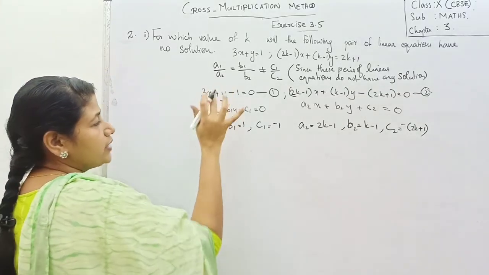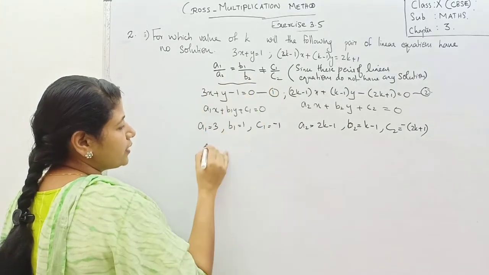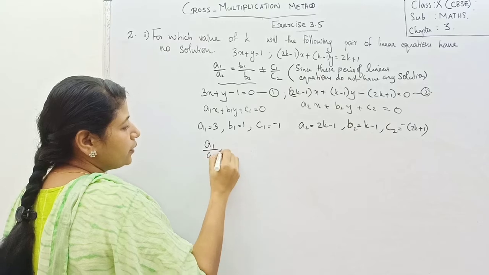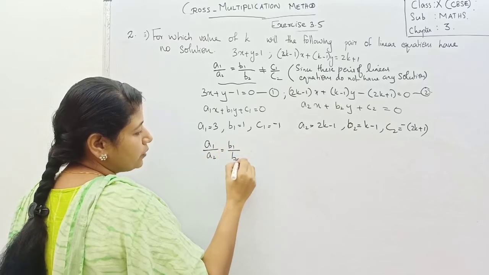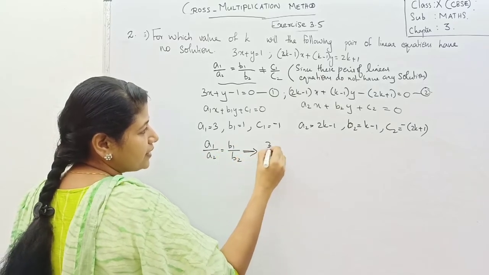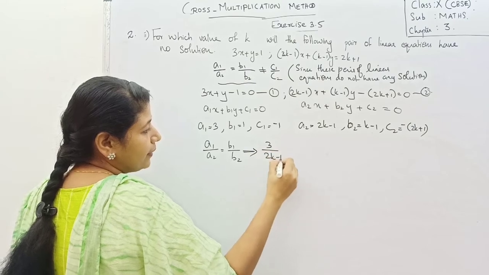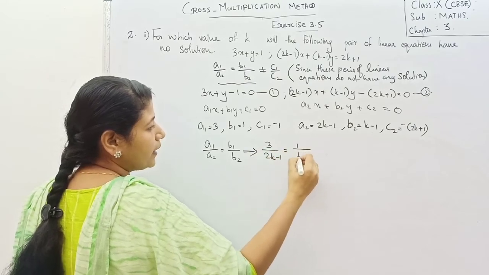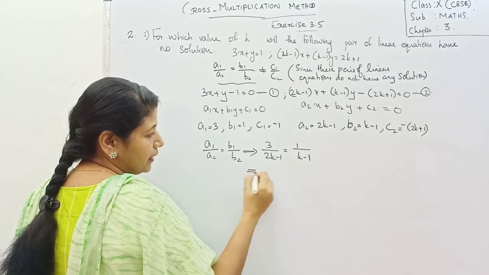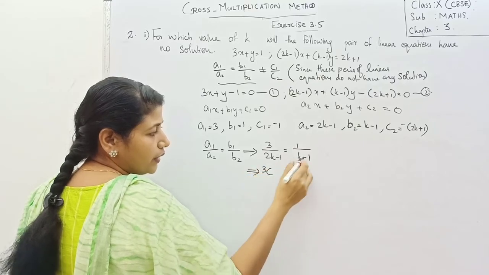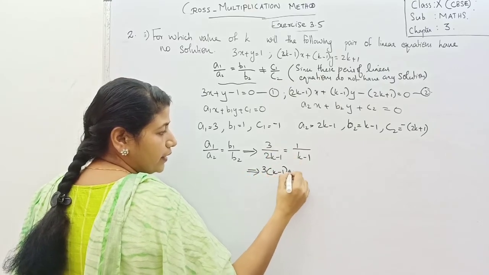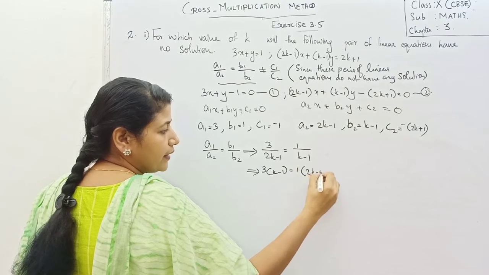So we know the condition, so we can take the first two ratios, a1 by a2 equal to b1 by b2, which implies 3 by 2k minus 1 equal to 1 by k minus 1. Cross multiply. 3 into (k minus 1) equal to 1 into (2k minus 1).